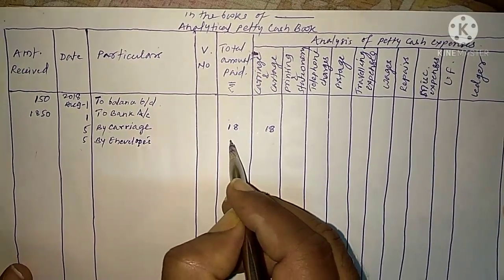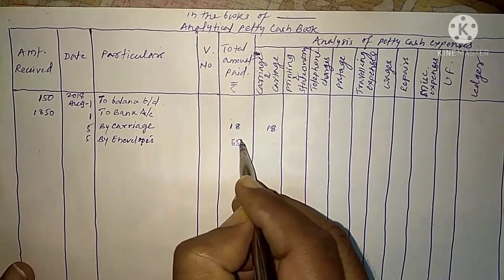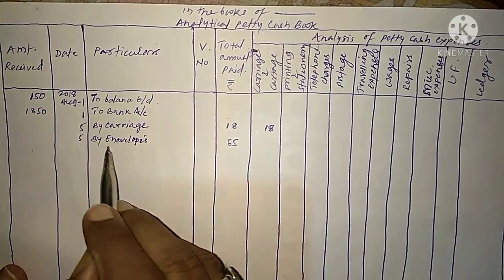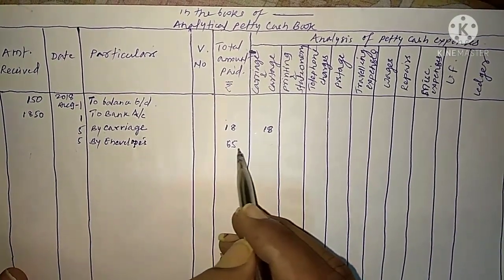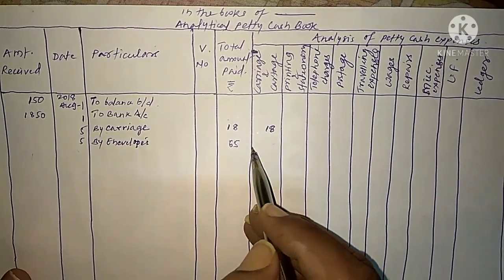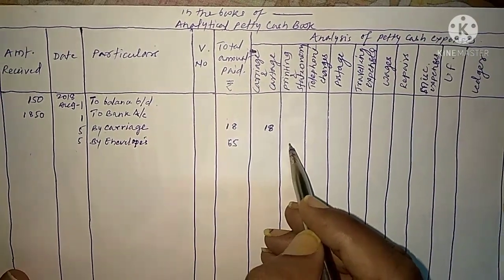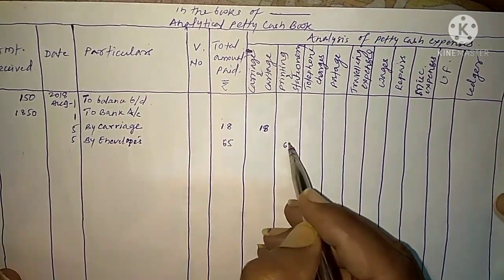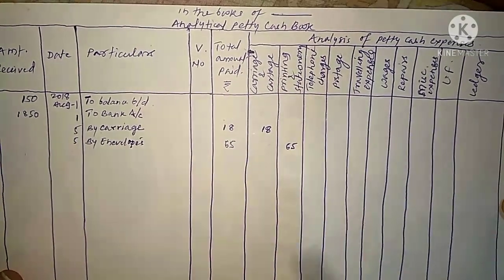So we have to write this 65 first to the amount paid column, and then again this envelopes we transfer this 65. This envelope expense will go to which accounting head? That is the printing and stationery. So here 65 rupees we have to transfer to their respective account head, 65.